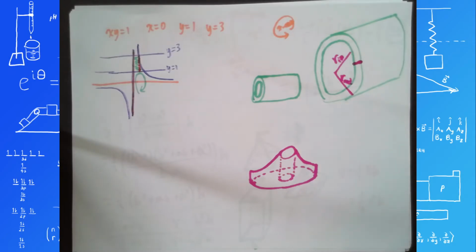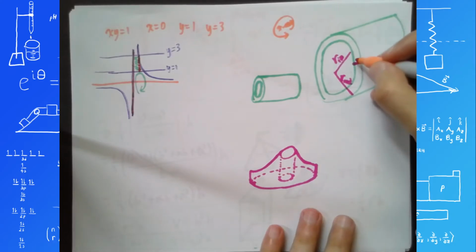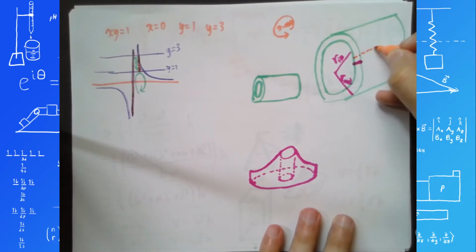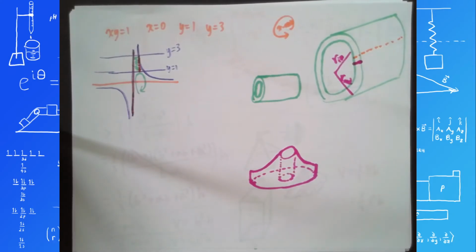Which means if I were to cut this thing open, say cut along the dotted line here and unfold this, then what would I get?